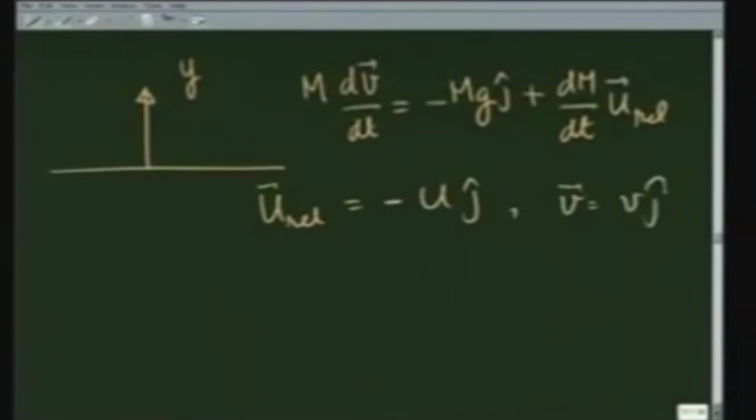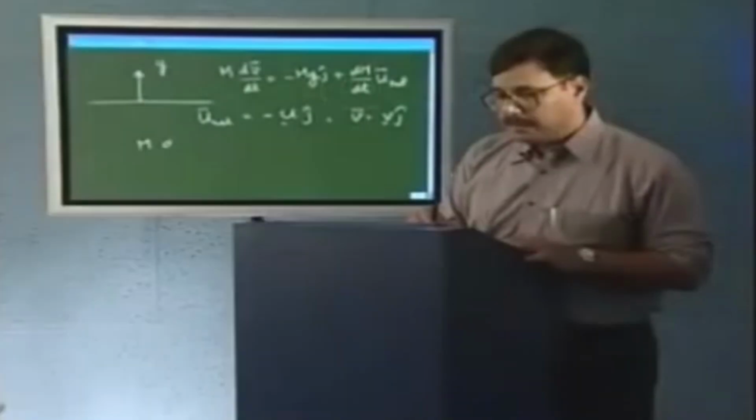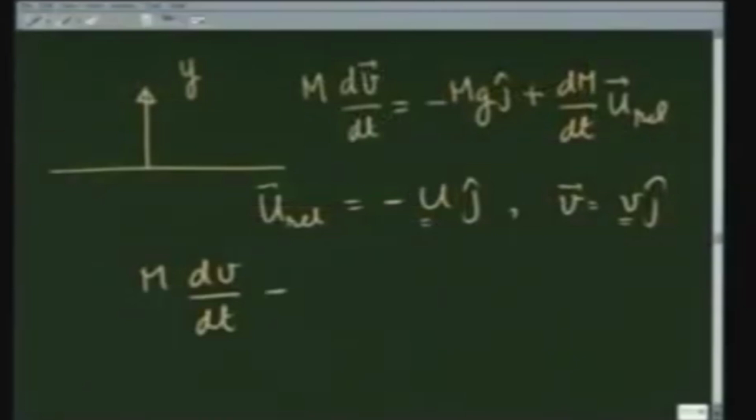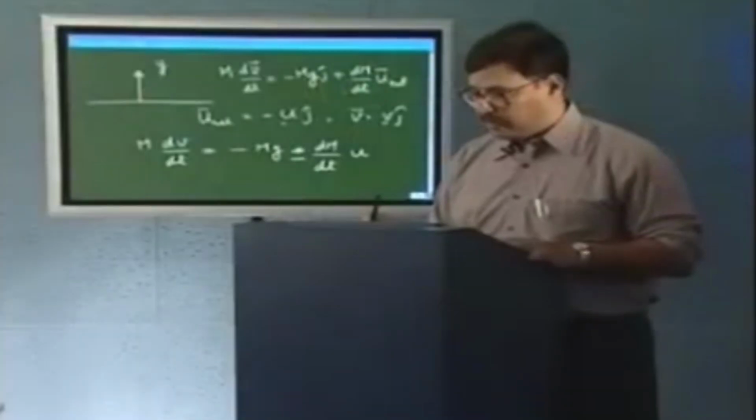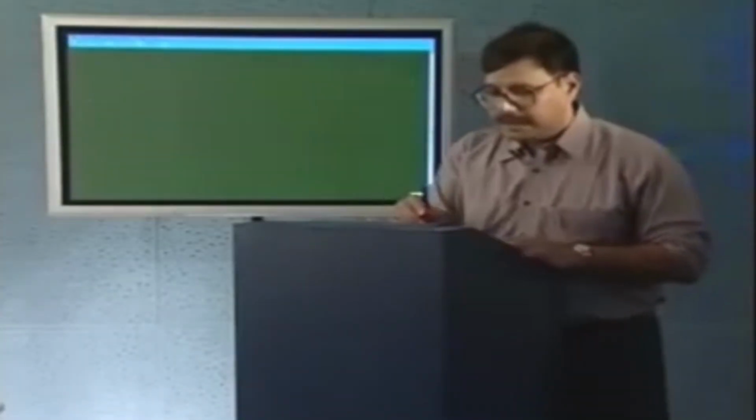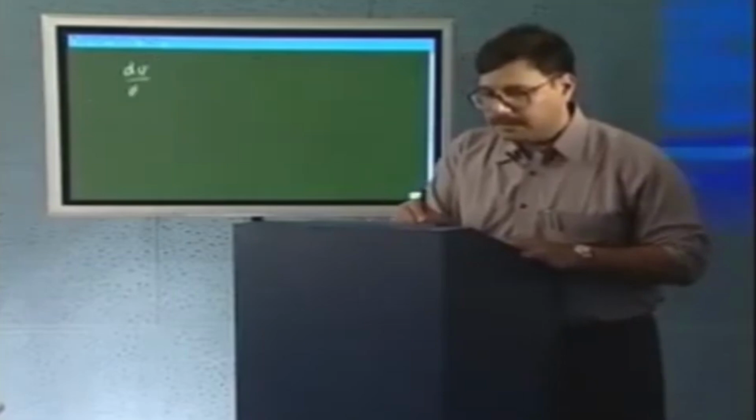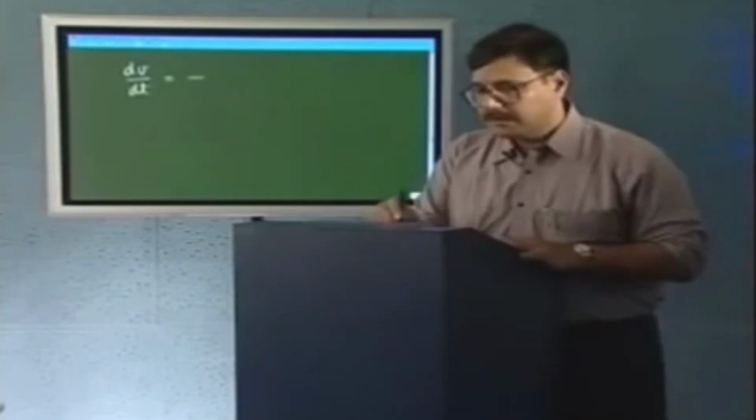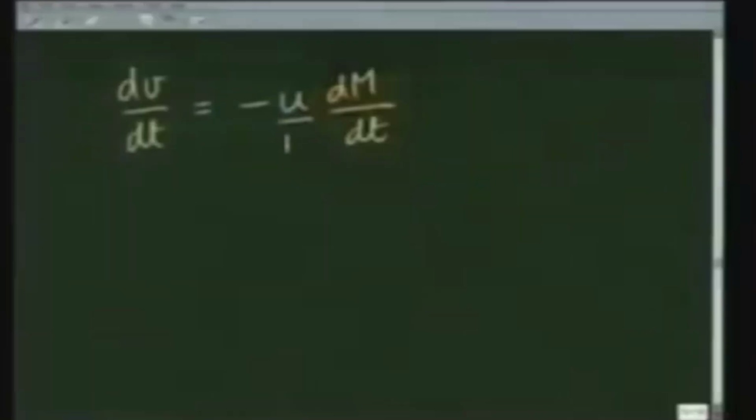So, when I transform this vector equation in terms of these quantities, I have m dv/dt equal to minus mg minus dm/dt times u, and therefore, if I divide by m all over, I get dv/dt equal to minus u (dm/dt)(1/m) minus g.